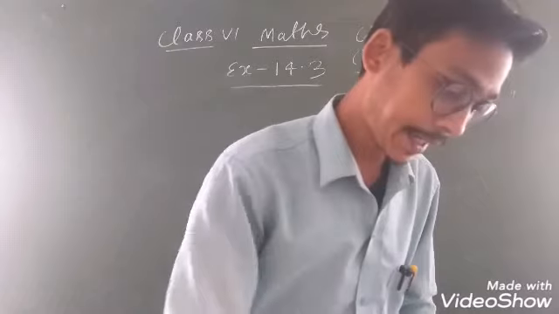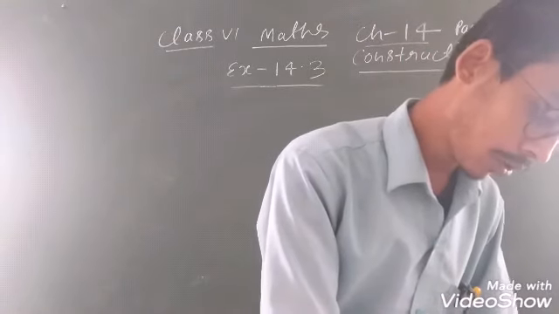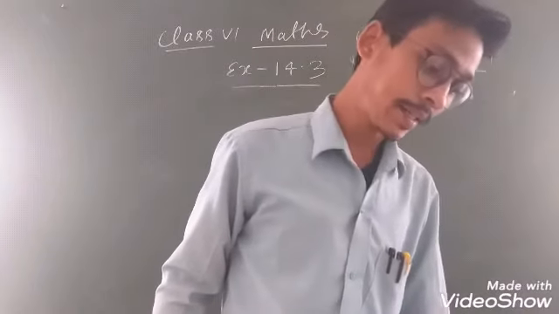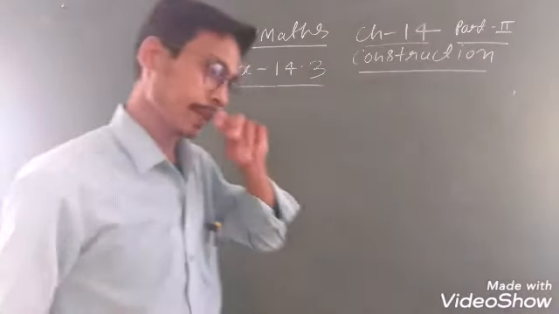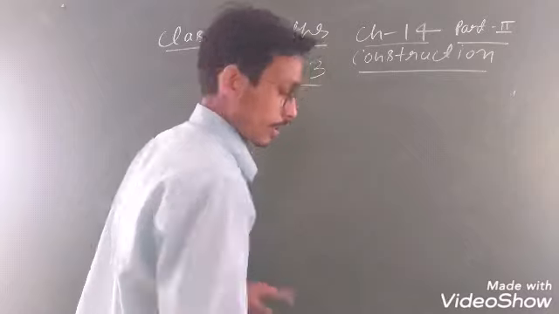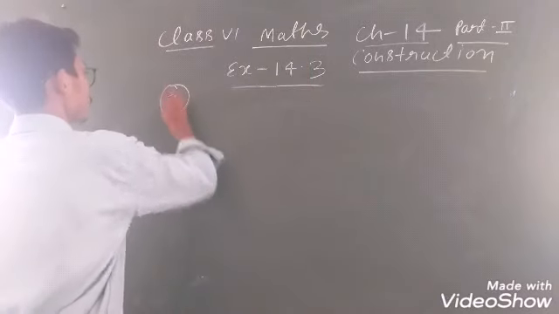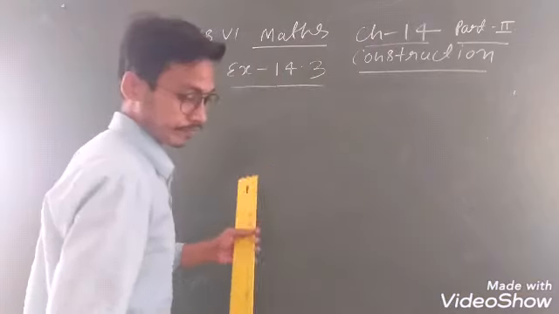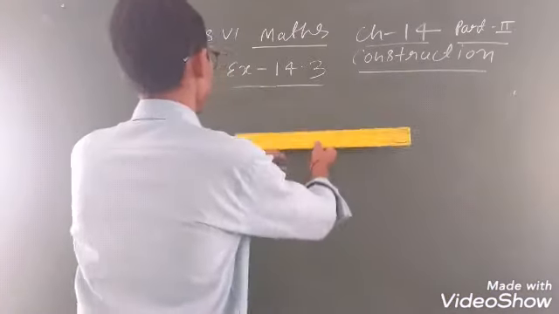Now come to the next question. Give some line segment AB whose length you do not know. Construct PQ such that length of PQ is twice that of AB। अब देखो कैसे करेंगे, देखो ध्यान से। Question number second is also very easy, student. Give some line segment AB.